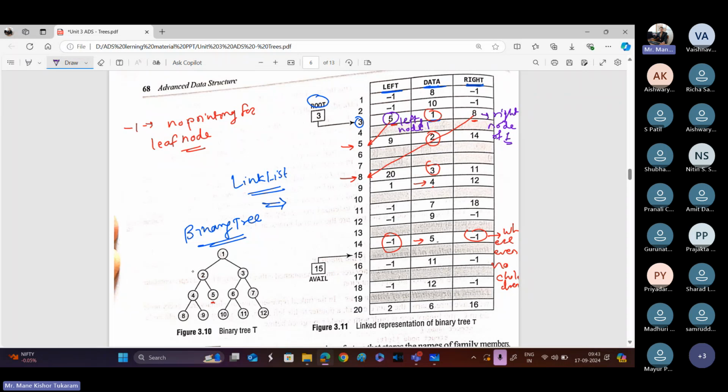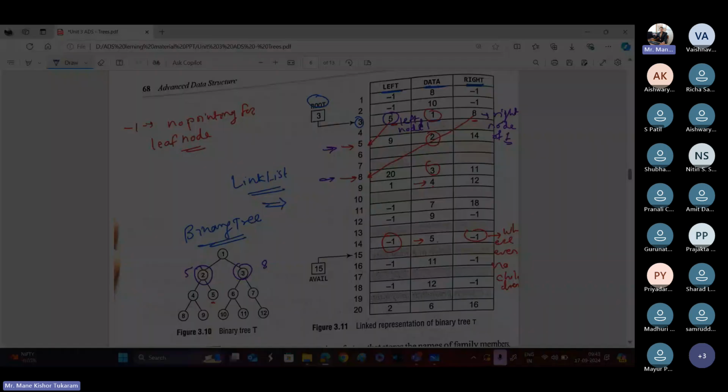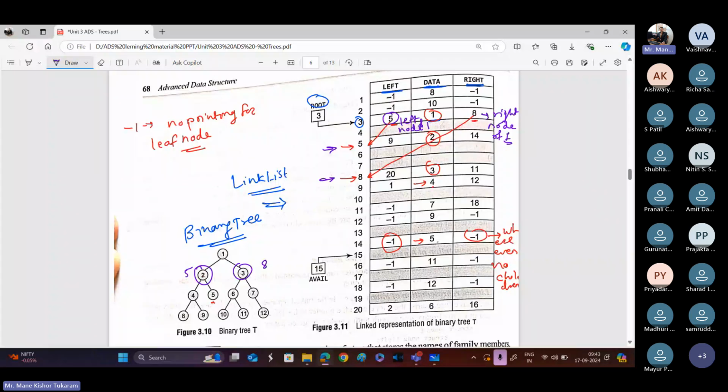Whatever the locations of the second and third, those are given as 5 and 8. So these are the pointers to 5 and 8. Similarly, you can find the different locations and represent them within our data. This is called linked list representation for the said nodes.